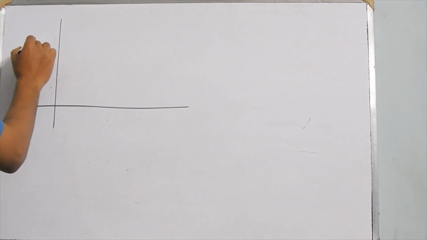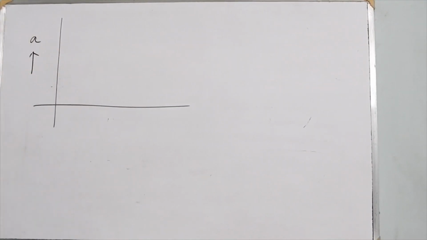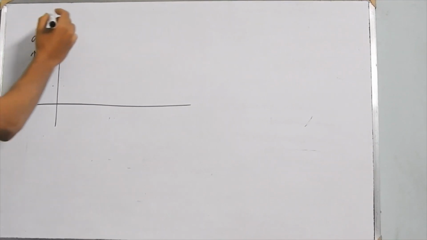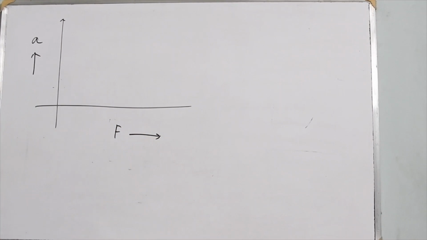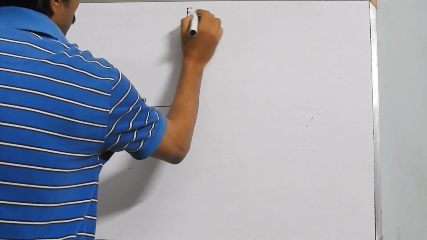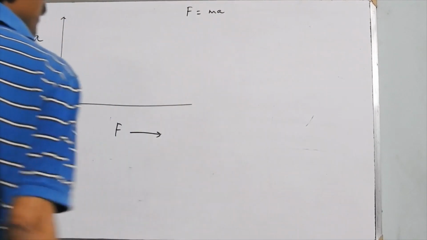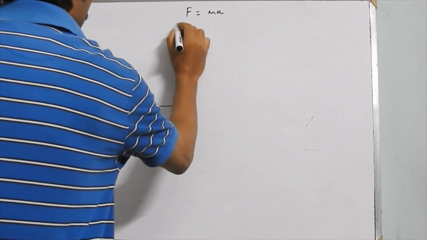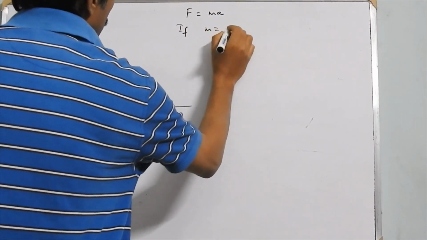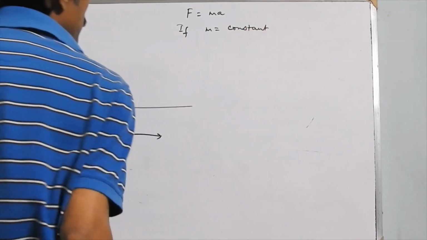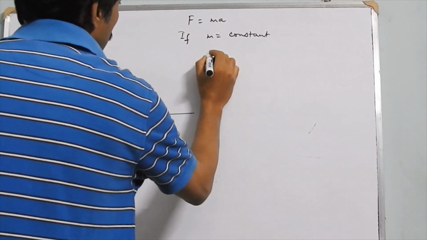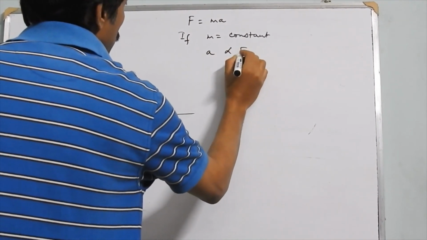Suppose we plot acceleration along the y-axis and the force acting on the body along the x-axis. We are applying this equation F equal to ma, and if mass is constant, then you can say that A is directly proportional to F.